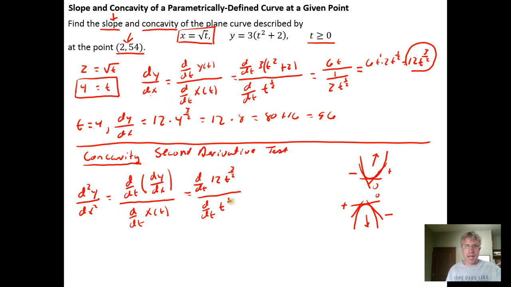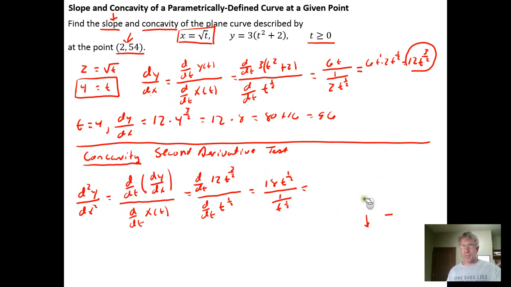So t to the 1/2. So this derivative is going to be 3/2 will come down. So we'll get 3/2 times 12 is 6 times 3 is 18, t, reduce the exponent by 1, so 3/2 minus 1 is going to equal 1/2. And then we already saw the derivative of t to the 1/2 from our previous result was going to be 1 over t to the 1/2 power.